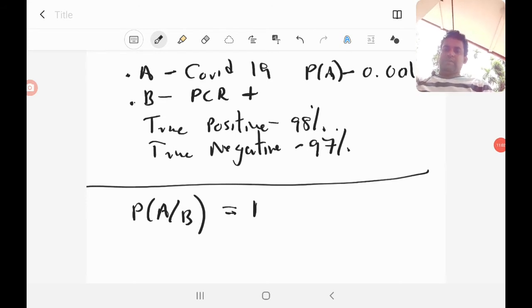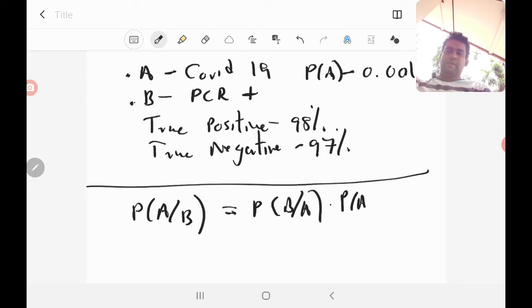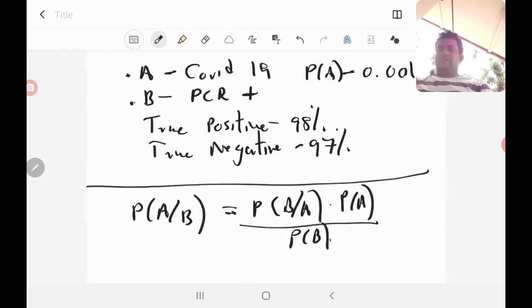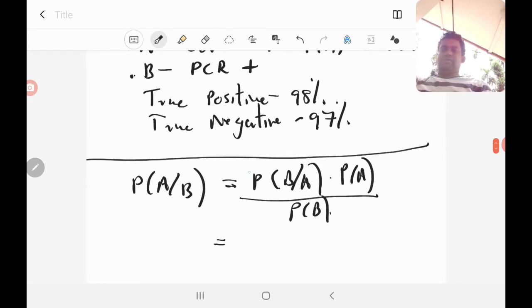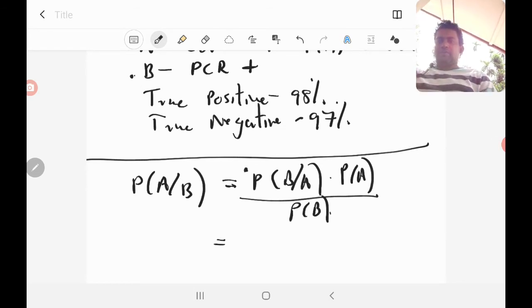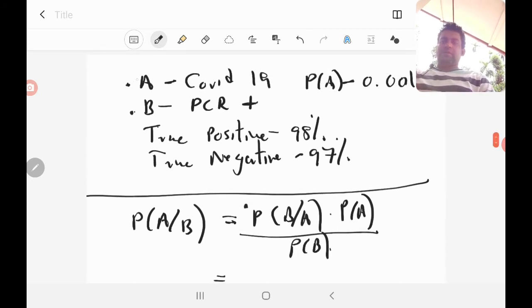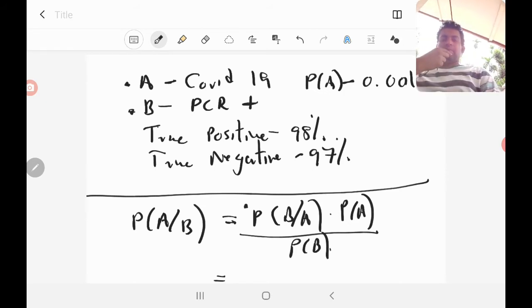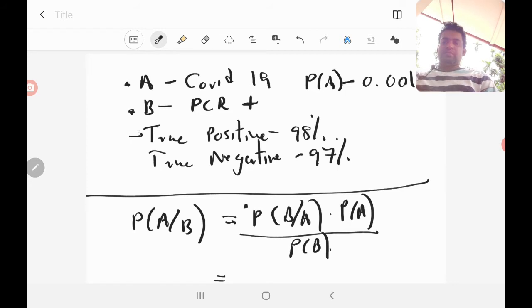It will be P(B given A) multiplied by P(A) divided by P(B), right? This one we know, because what this means is, given someone has COVID-19, what's the probability that the test will turn out to be positive? P(B given A) is the true positive rate.